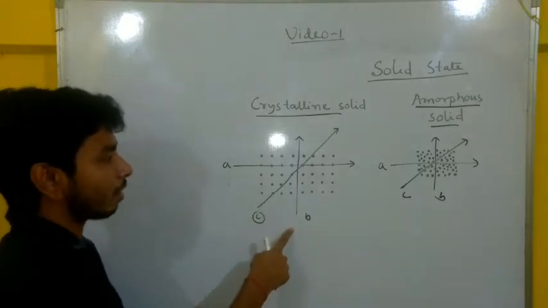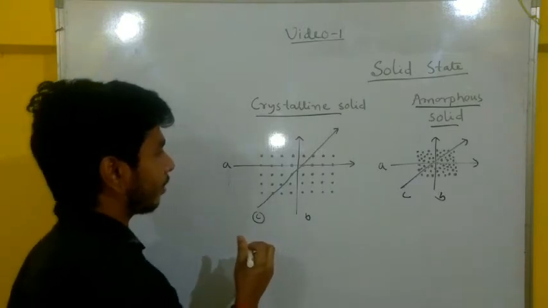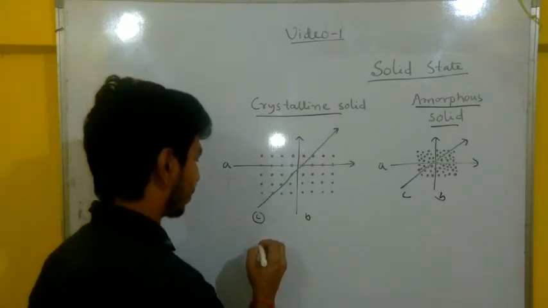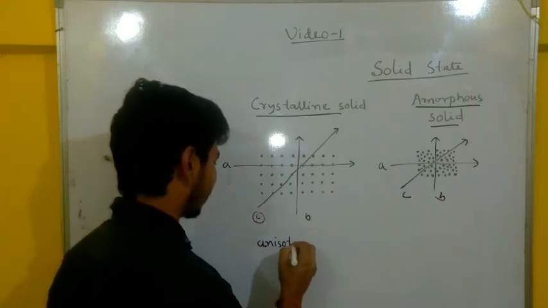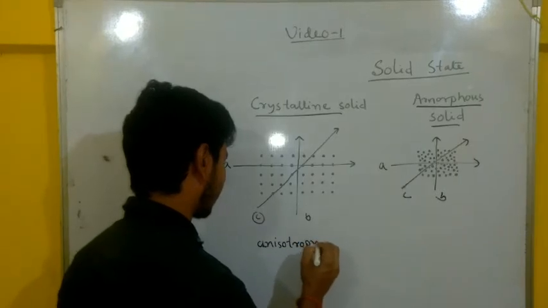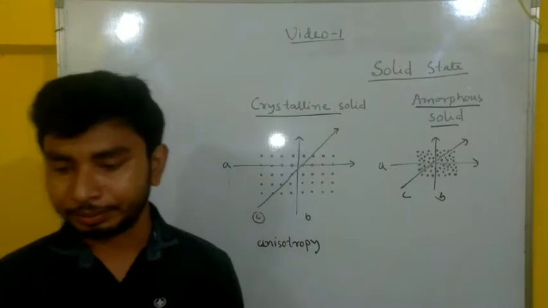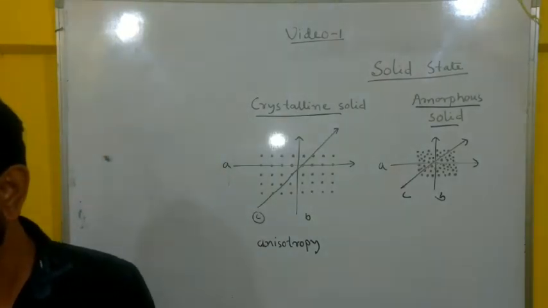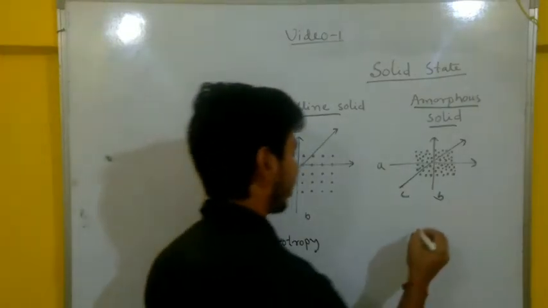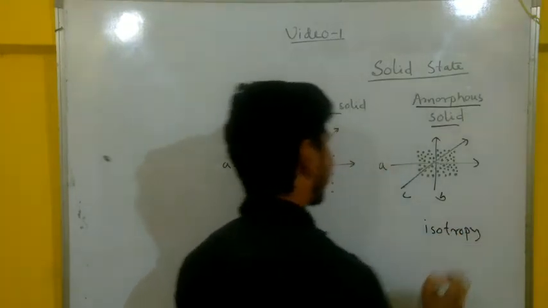This is called anisotropy, and the other is isotropy.